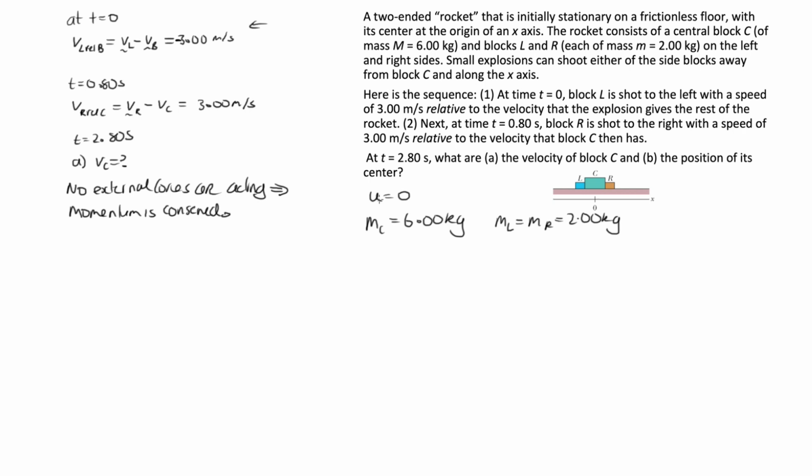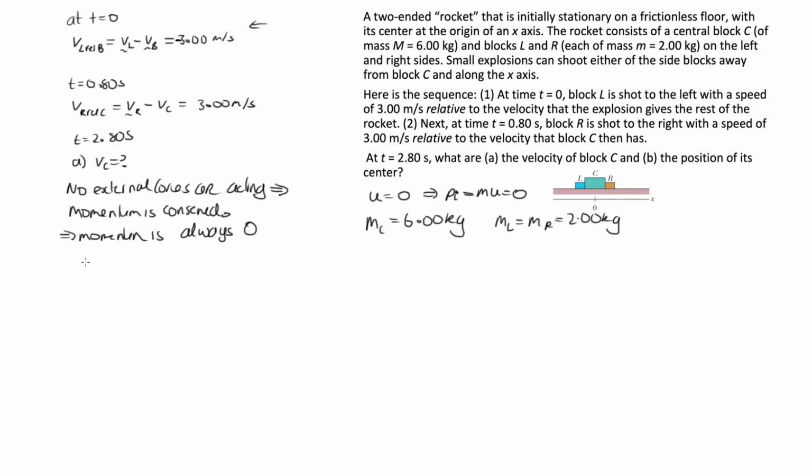So initially, since the speed of everything is 0, we know that the initial momentum must be equal to mass times the initial speed, which is 0. So this tells us that momentum is always 0.